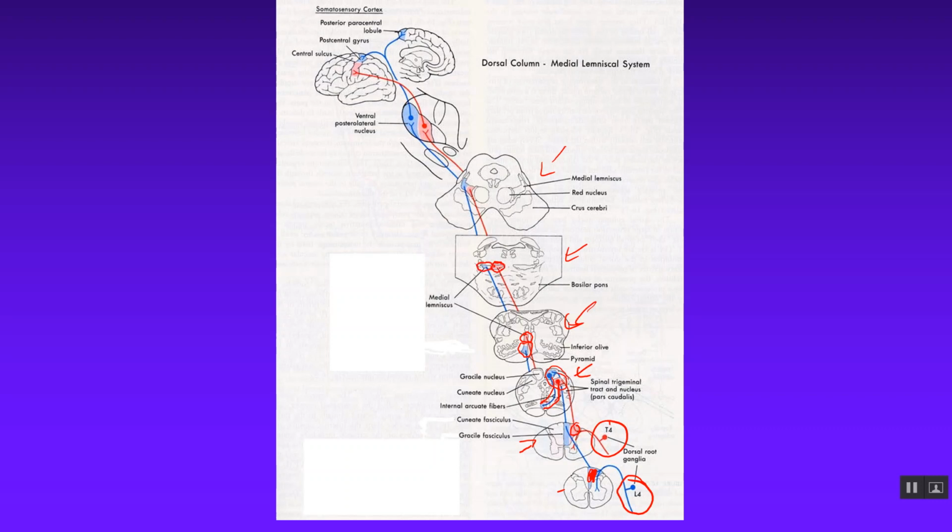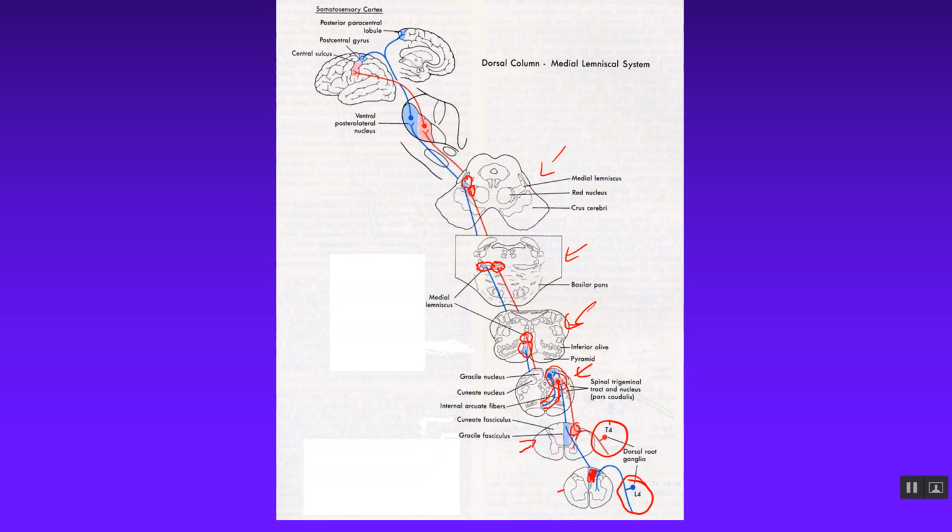So the fibers carrying your proprioceptive information from your upper body, in this case, are more medial, and the lower body is more lateral. And then it keeps twisting a little bit, and up here now you get more of an anterior-posterior arrangement again, where the lower body is more posterior in the midbrain, and the upper body is a little more anterior in the midbrain.